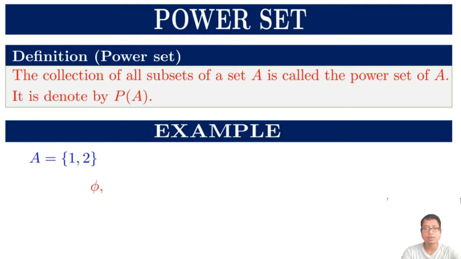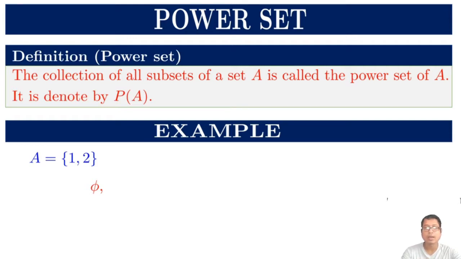Then the subsets of A: always remember, by default, if I have any set, this is the symbol to represent the empty set. The empty set is represented by the symbol phi, and phi is considered to be a subset of all sets present in the world.